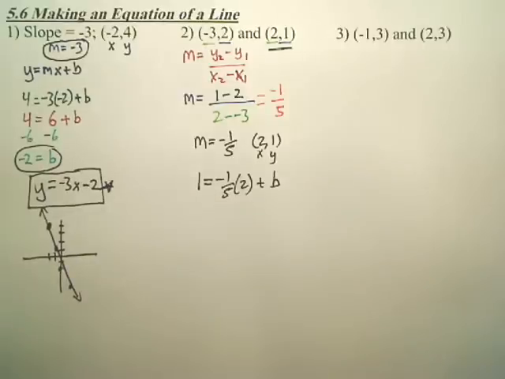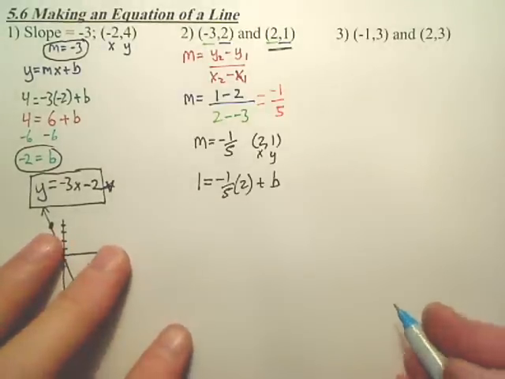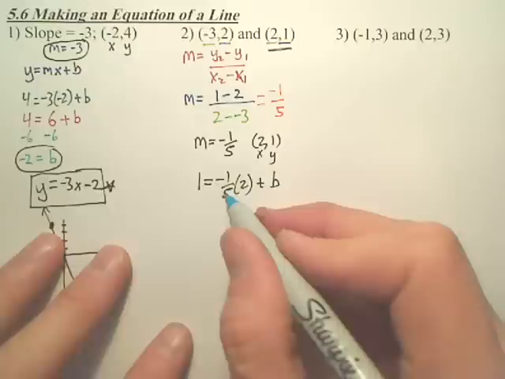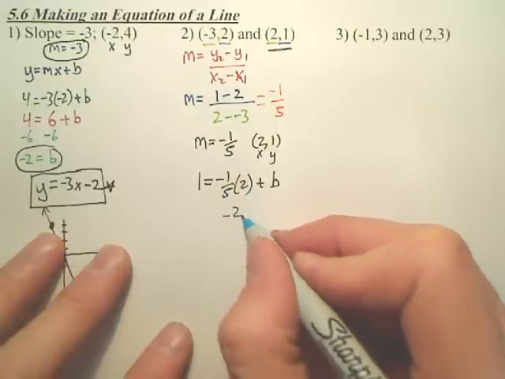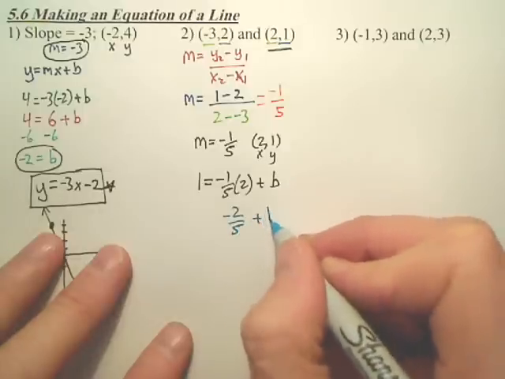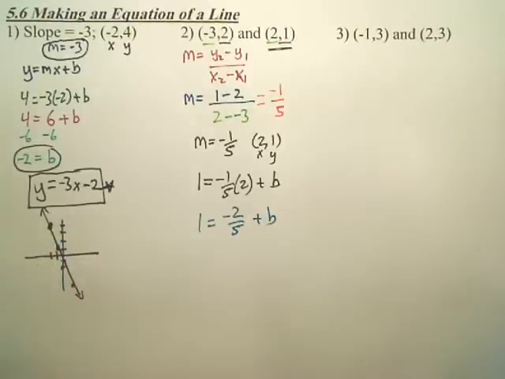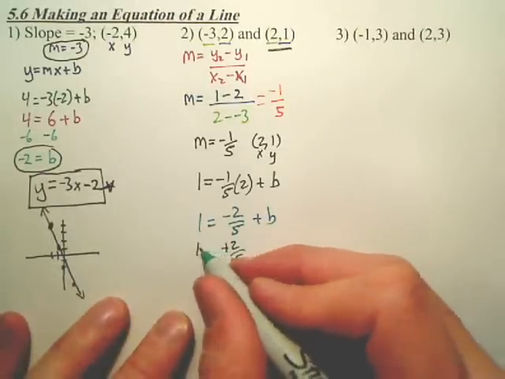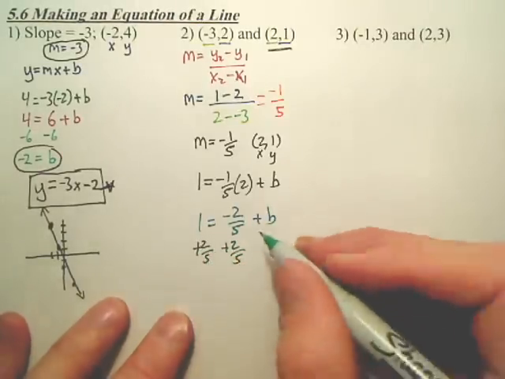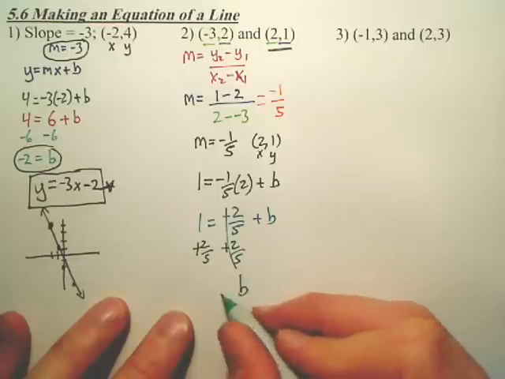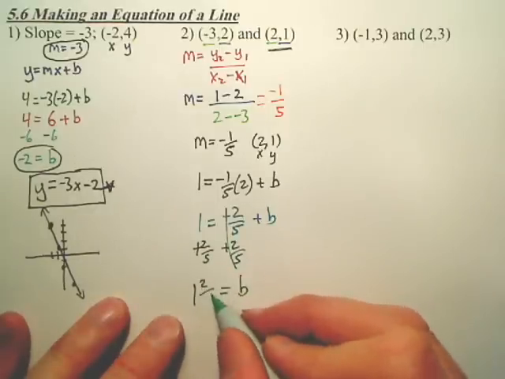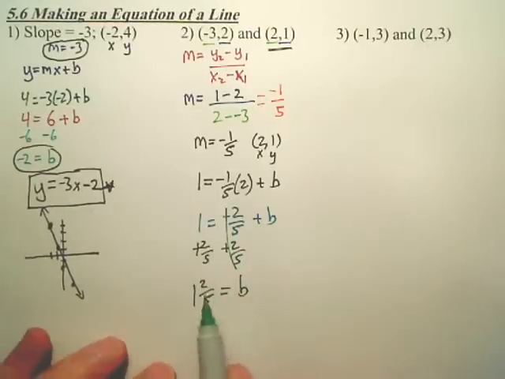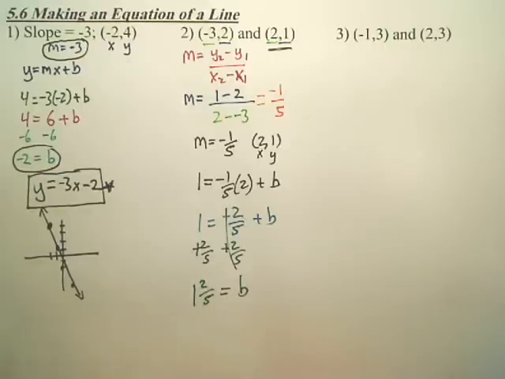I need to now find b. In order to find b, -1/5 times 2 is -2/5. Then you've got to add 2/5 over. 1 plus 2/5 is 1 2/5.